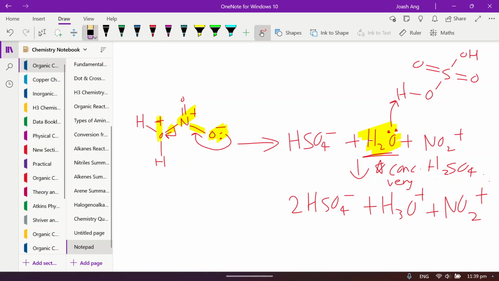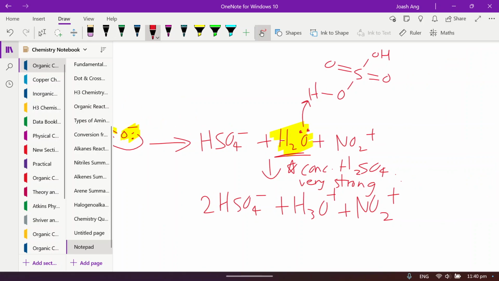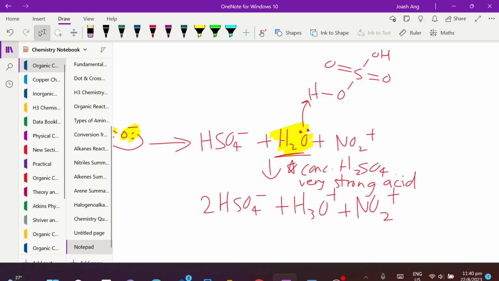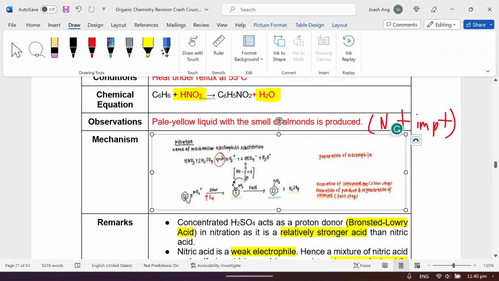My goodness, handwriting. Okay, I'll go back to the same old page.